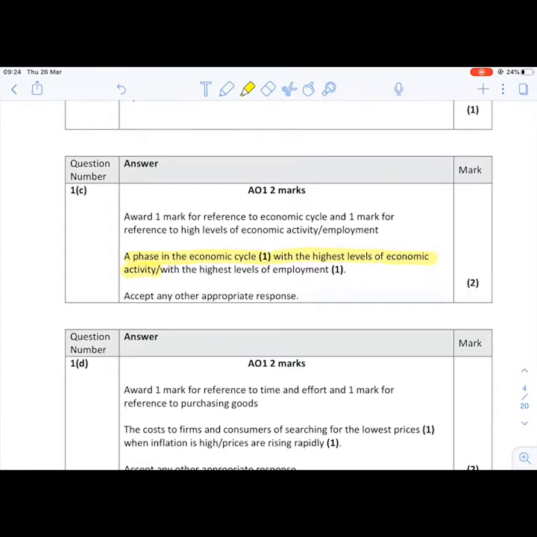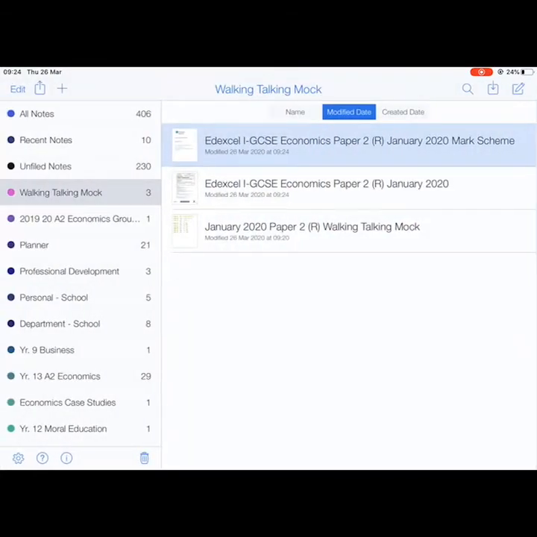And it also says there with the highest levels of employment. Well, if GDP is high, that means the demand for goods and services is high. Therefore, firms need more people to make the goods and services. So an answer along those lines would be sufficient and will enable you to achieve the 2 marks.